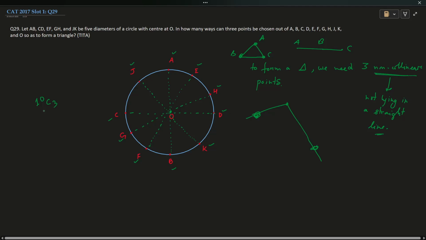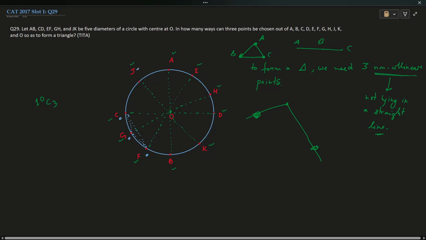Let's say I'm considering point C. I'm taking C and G, and let's say I'm taking F. These 3 points are non-collinear. I can join them like this, like this, and like this to form a triangle.